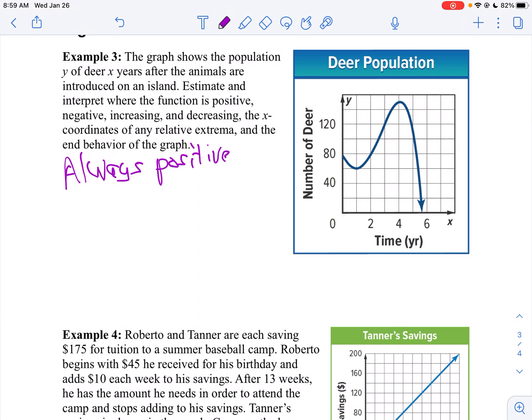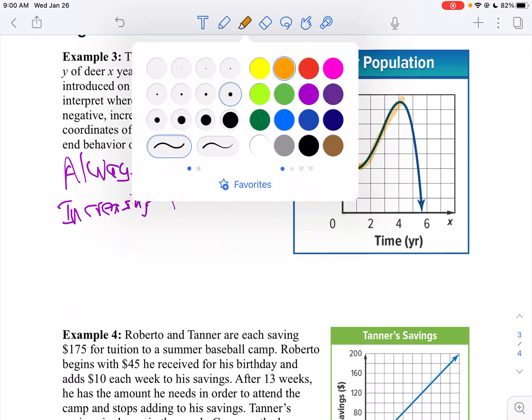When is the function increasing? Well, it looks to me like it's increasing from x equals 1 to x equals 4, from 1 year to 4 years. So I'm going to say it's increasing from 1 to 4. When it's decreasing, well, let me mark that down.